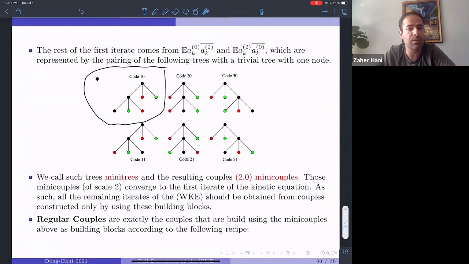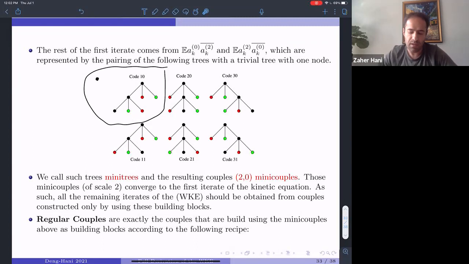So, as we said, all of the first iterate of the wave kinetic equation is obtained only from those mini couples. And as such, if you want to build the remaining iterates of the wave kinetic equation, they have to be coming from couples that are obtained only by using those mini couples as building blocks. They cannot come from arbitrary couples.